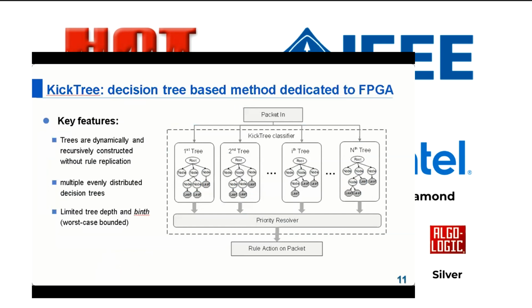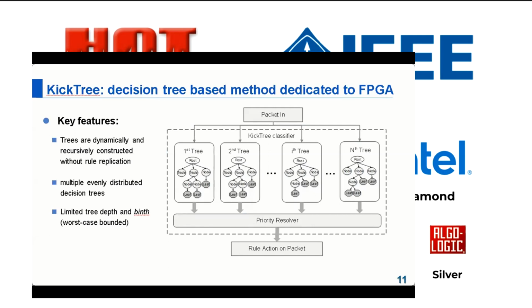To address this issue, the cake tree was proposed by us, which is dedicated to FPGA recently. And this is the framework of a cake tree, which is a multi-tree scheme. It has several key features to take advantage of FPGAs to the full. First, trees are dynamically and recursively constructed without rule replications.